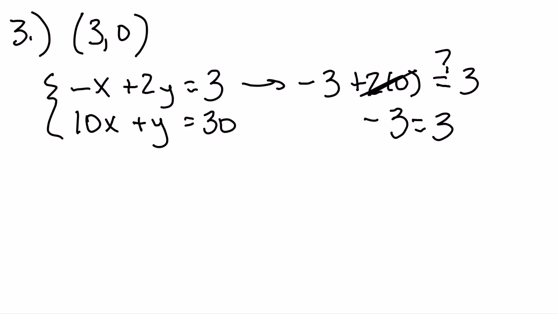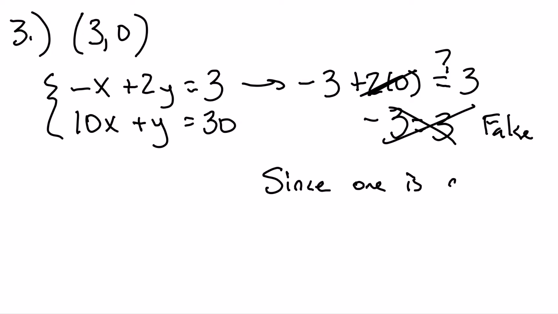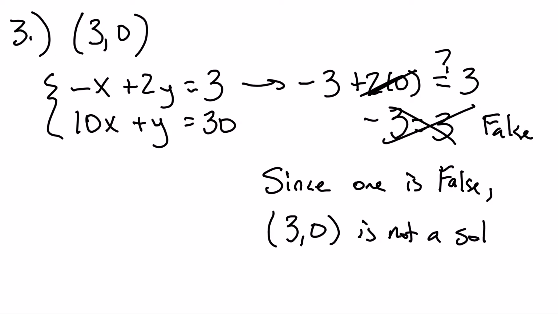Does -3 equal 3? That's false. I don't even have to check the second one, so I immediately just say, since 1 is false, 3, 0 is not a solution. Done.